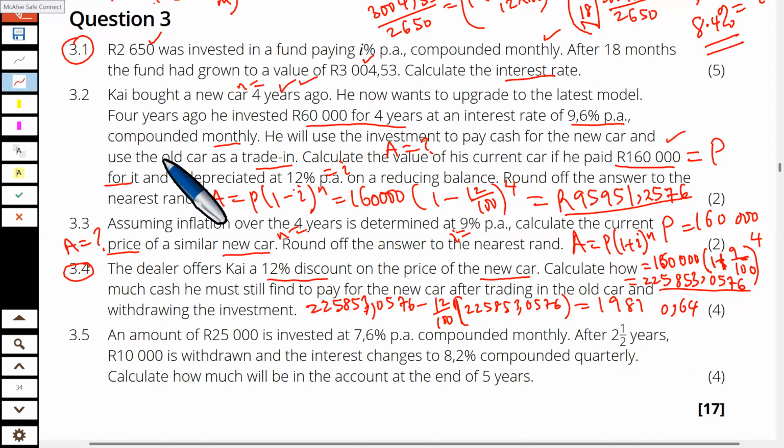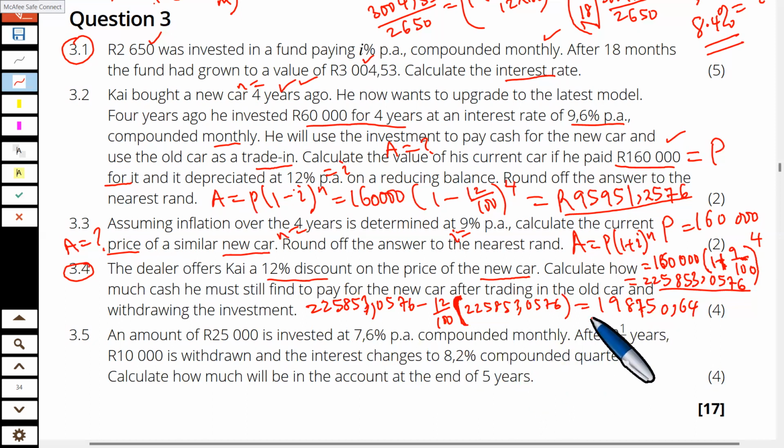With this now, you have this. This is the discount.